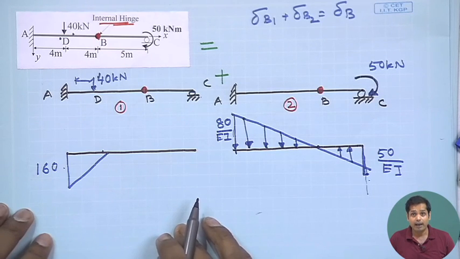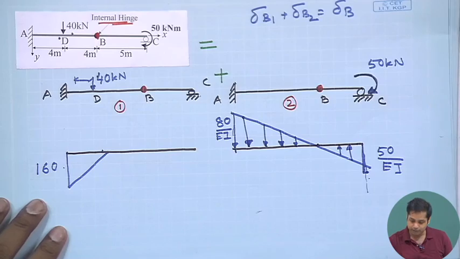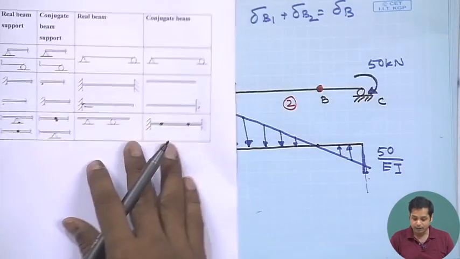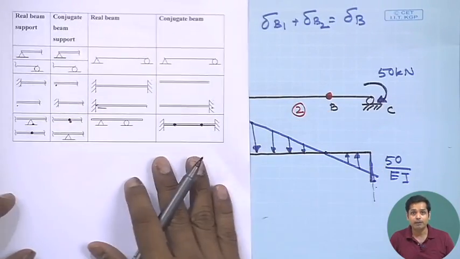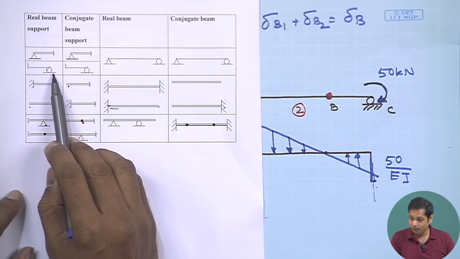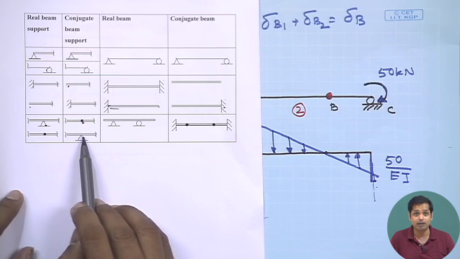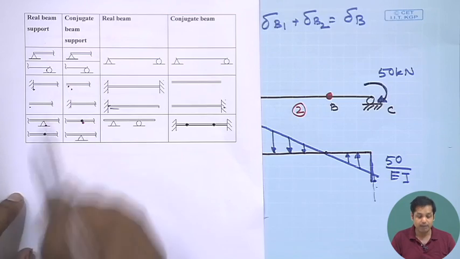And what would be the support condition? Again, find out the support condition from here. The roller support remains a roller, the internal hinge becomes an internal support, and the fixed support becomes free.